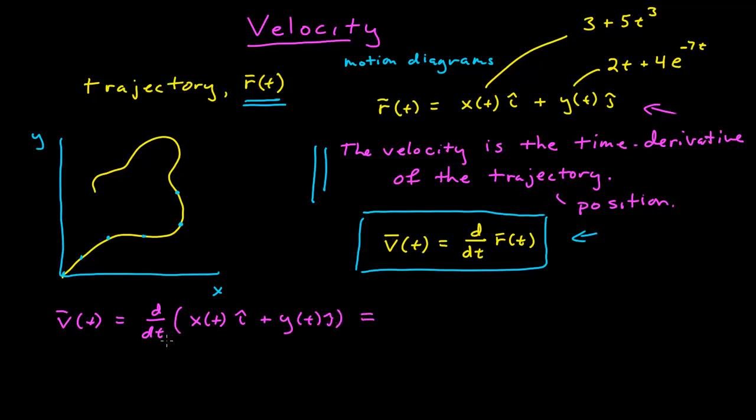Now, the derivative is a linear operator and is distributive, so this becomes the time derivative of the x component, i hat, plus the time derivative of the y component, j hat. And these then become the x component of the velocity, that is a function of time, plus the y component of the velocity.